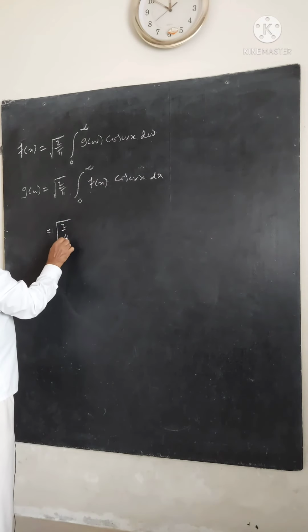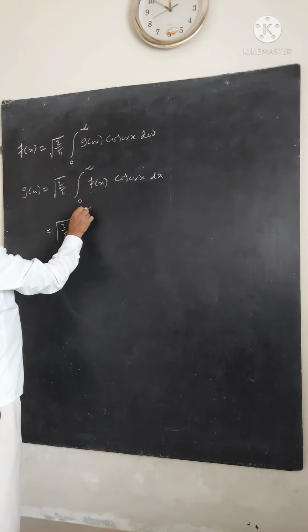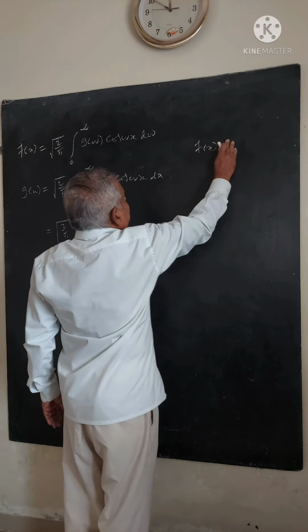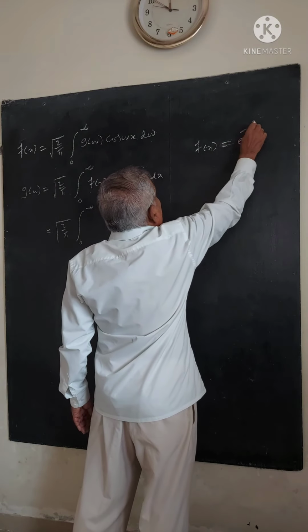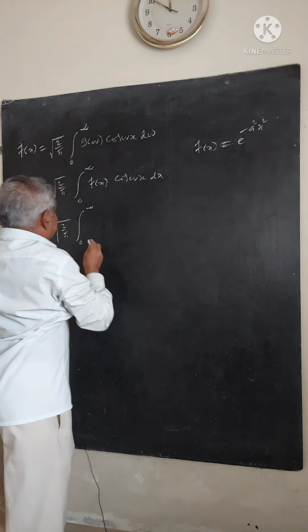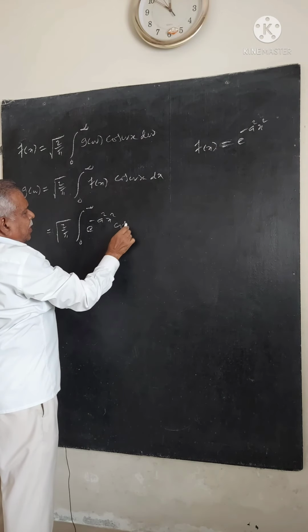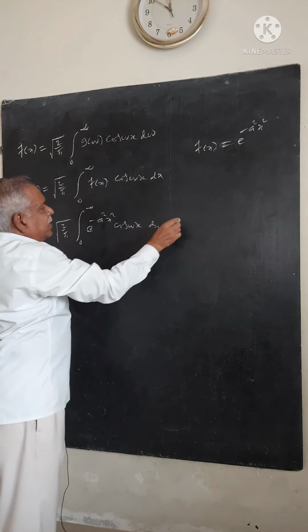Here f of x is given as e power minus a square x square, so we have e power minus a square x square cos omega x dx.